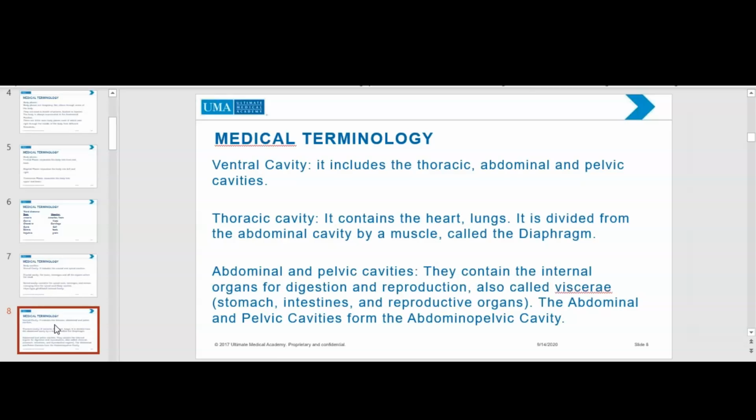Let's talk about the ventral cavity and the thoracic and abdominopelvic cavities. So the ventral cavity includes the thoracic, abdominal, and pelvic cavities. The thoracic cavity includes the heart and lungs. It is divided from the abdominal cavity by a muscle called the diaphragm.